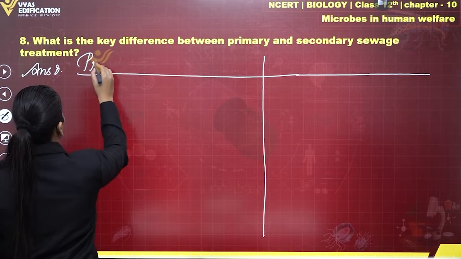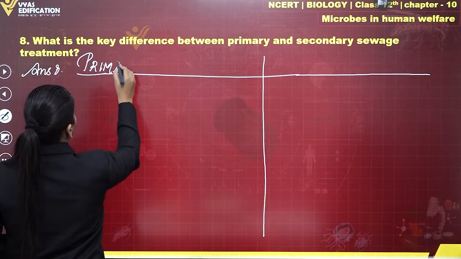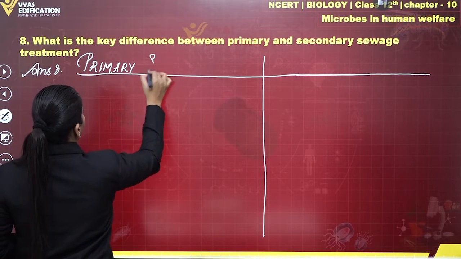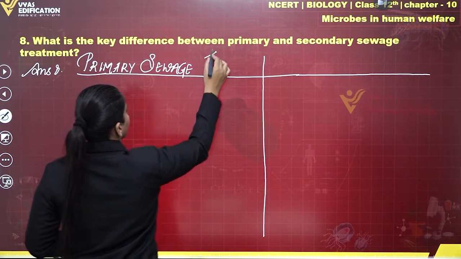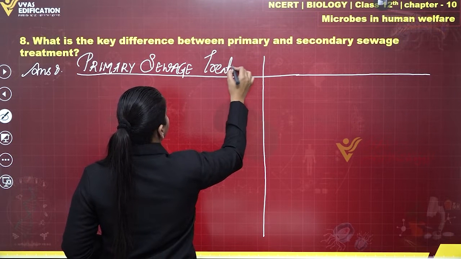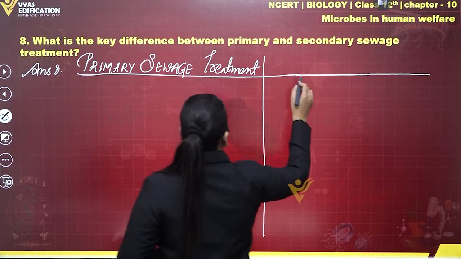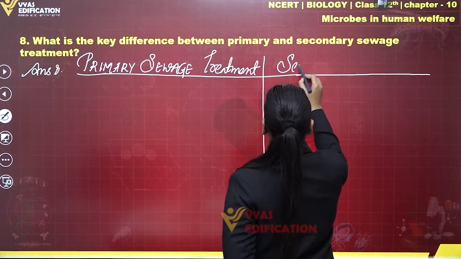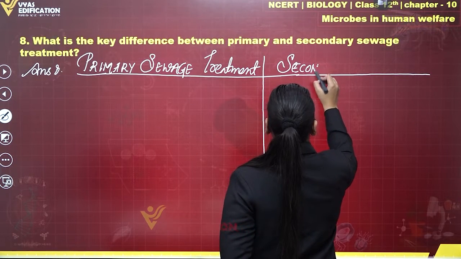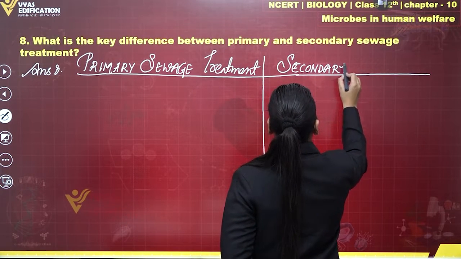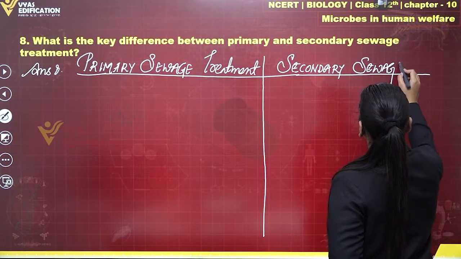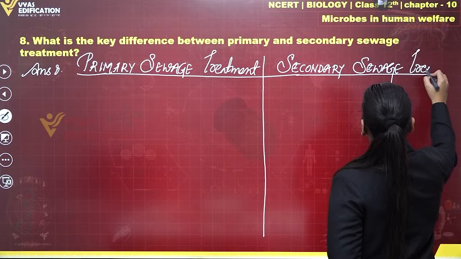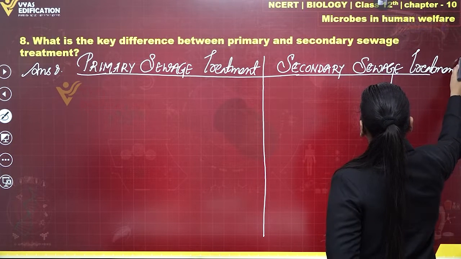So here, primary sewage treatment, and in the right column, secondary sewage treatment.